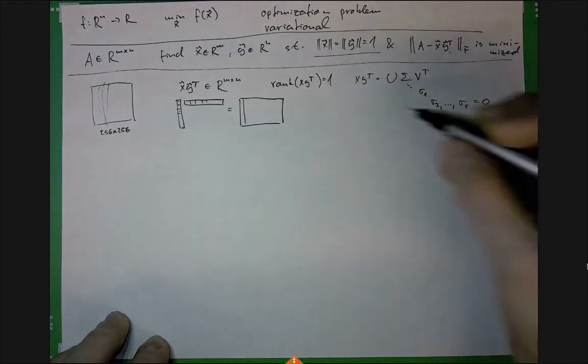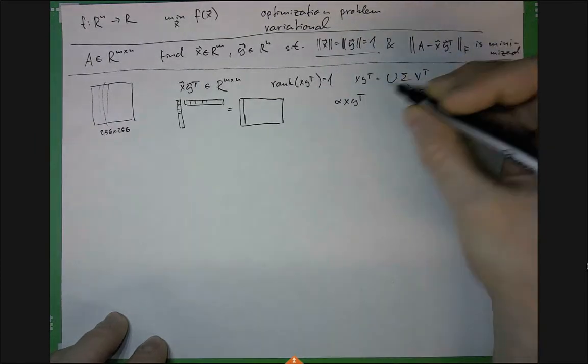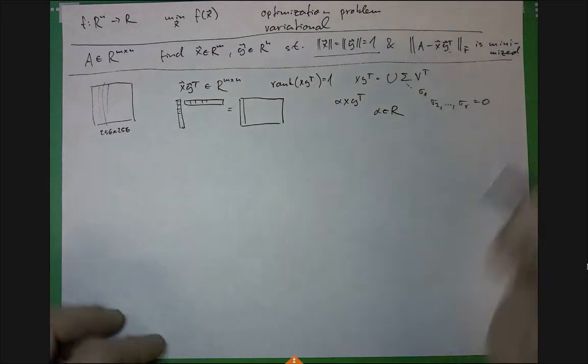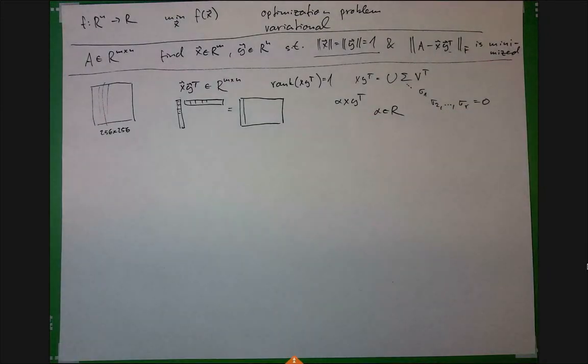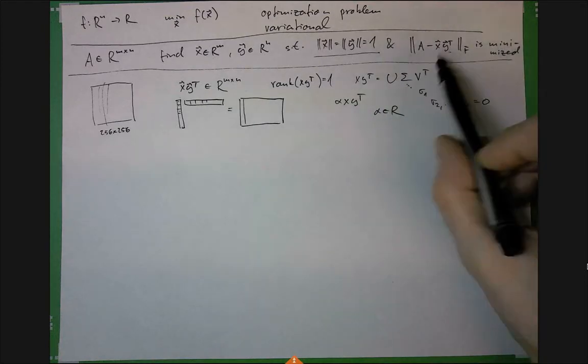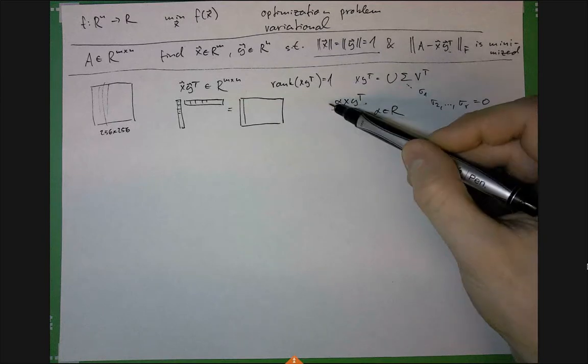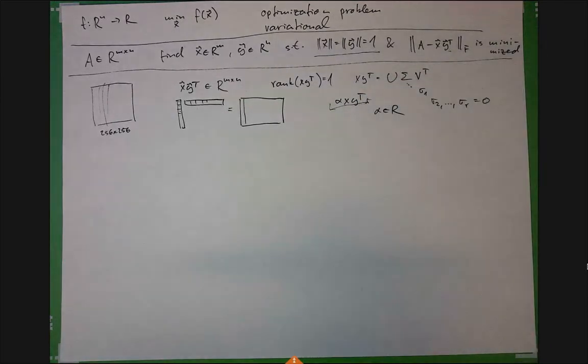If I wanted an arbitrary rank 1 matrix, I could take this, where alpha is some additional parameter. That would only make the problem a little more complicated, so we will stick with this one. But this would be a general rank 1 approximation of that matrix, a low rank matrix approximation.